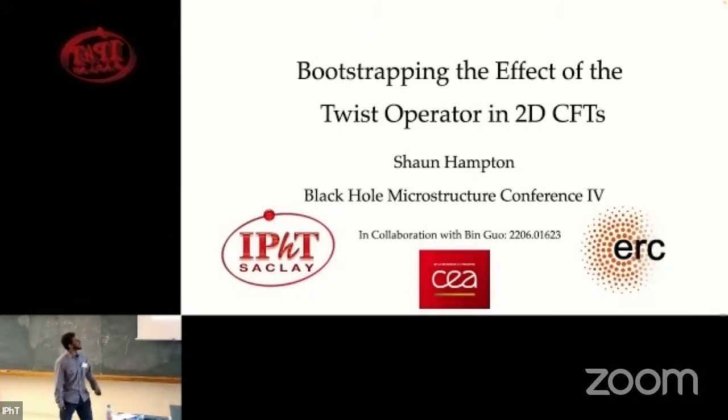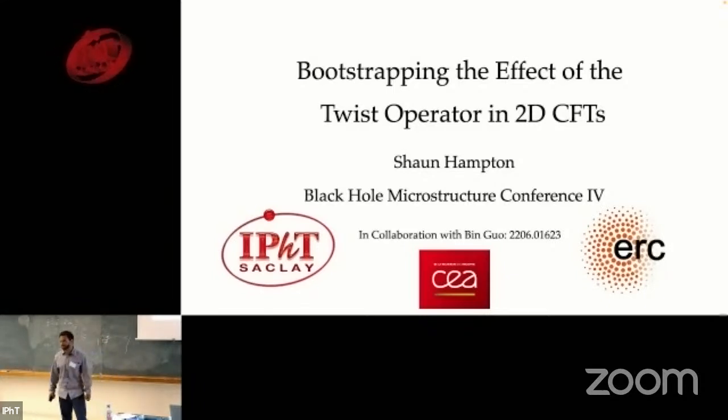So today, we're going to switch it up a little bit. We're going to talk about CFT, and particularly I'm going to be talking about something called a twist operator. This is very relevant when you're considering microstates and holography.